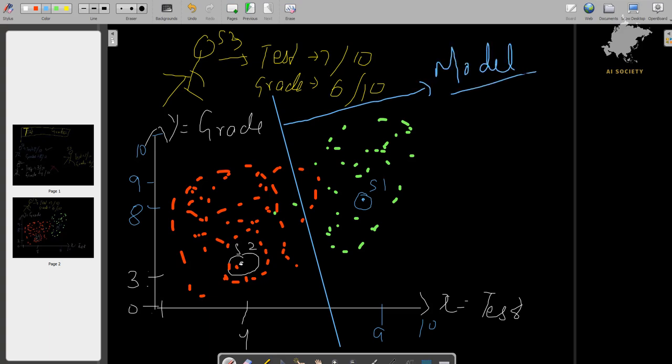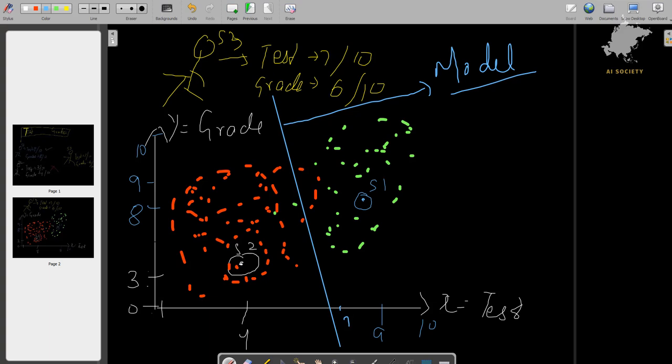This is our model. Now when we try to detect whether this S3 student should get rejected or accepted, what we'll be doing is plotting him out. Let's say we take blue color, and we plot him, which is 7 and 6. So this one is 7, and 3, 4, 5, 6.